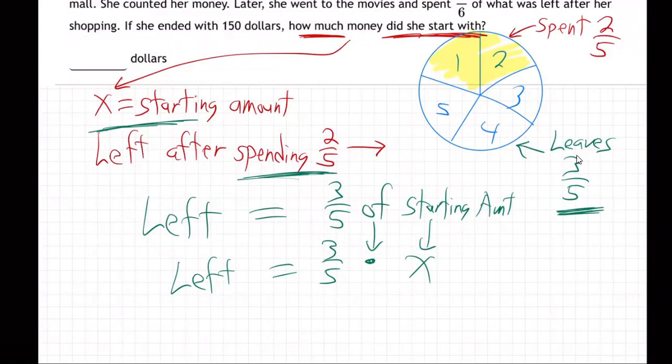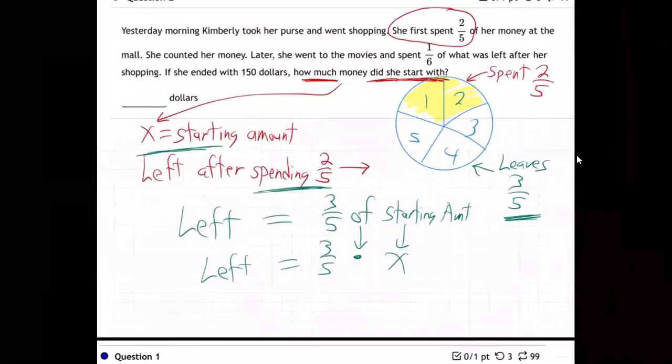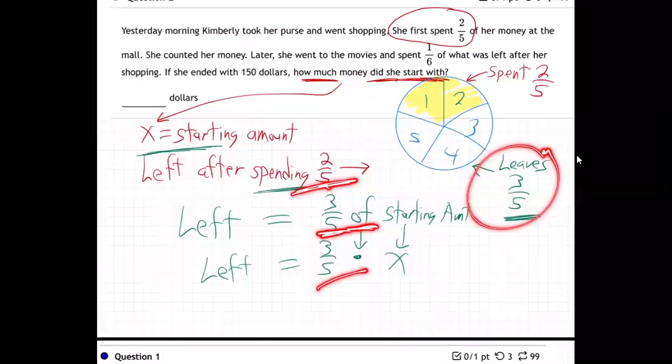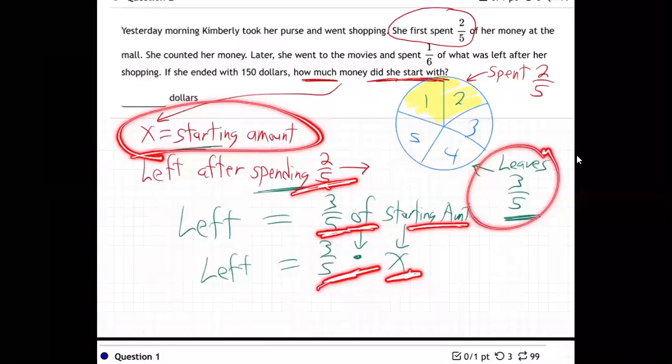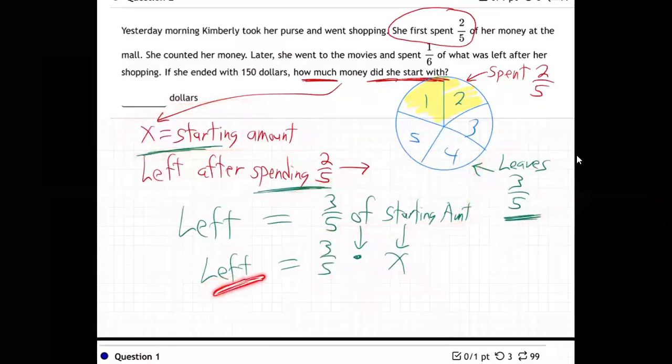That'll be really helpful if you're really clear on that. In word problems, of is always multiplied. So if she spent 2/5, that means 3/5 of her starting amount of money is left. 3/5 times the starting amount, X, is what's left after her first spending.